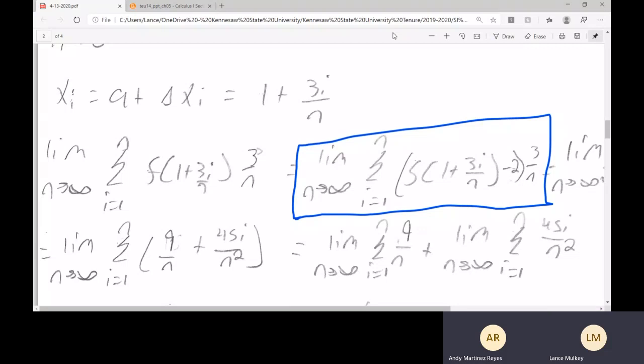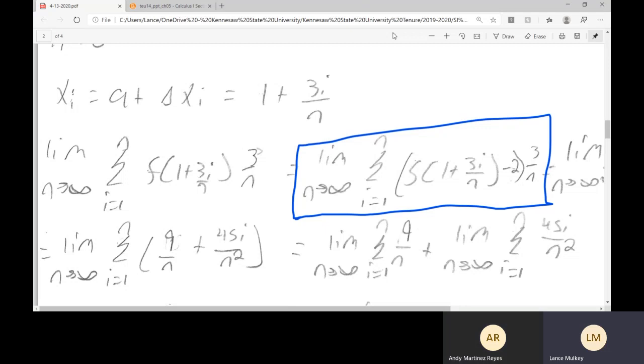Again, she uses k, but I don't like k. 1 over n, limit of n to the infinity. Keep the limit, keep the 1 over n inside the limit. You can't take it outside the limit, otherwise it doesn't have a purpose.